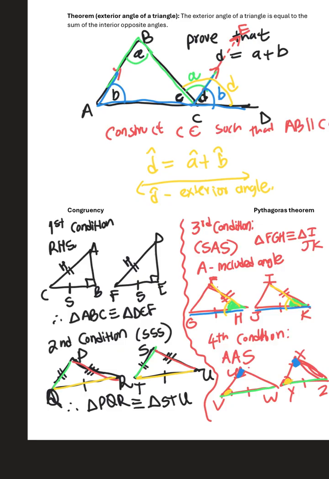If these three are met, we can conclude that triangle UVW is congruent to triangle XYZ. That's how we make a conclusion on congruency.